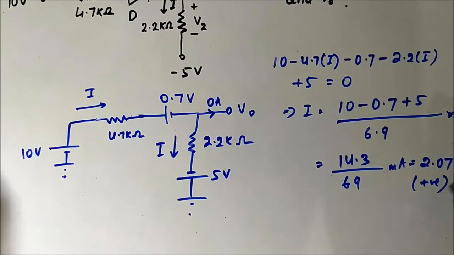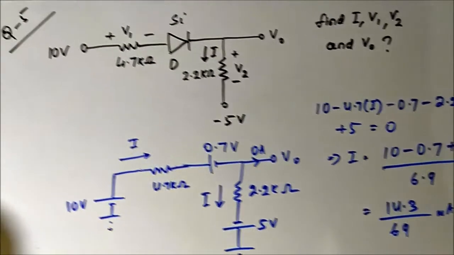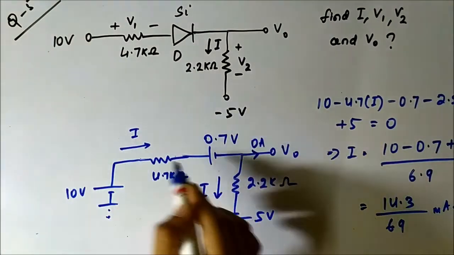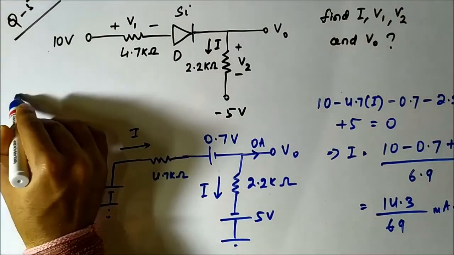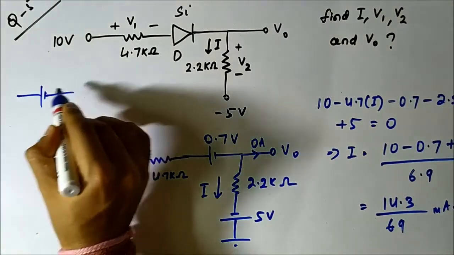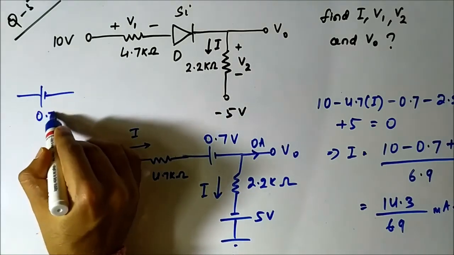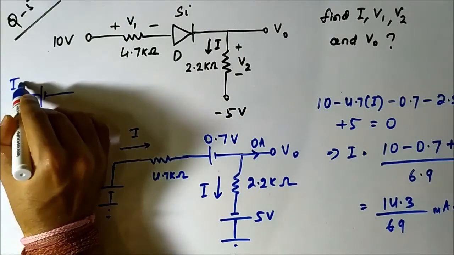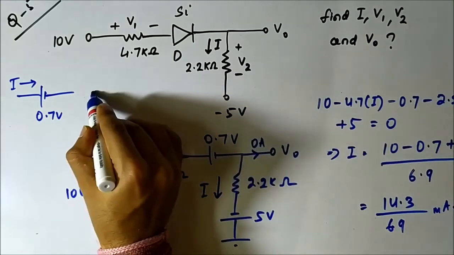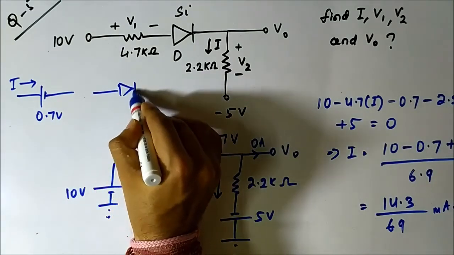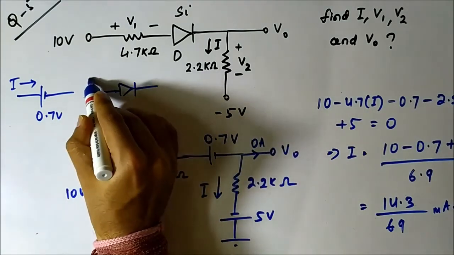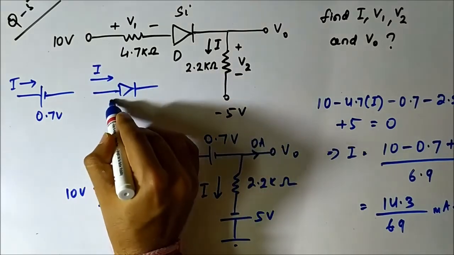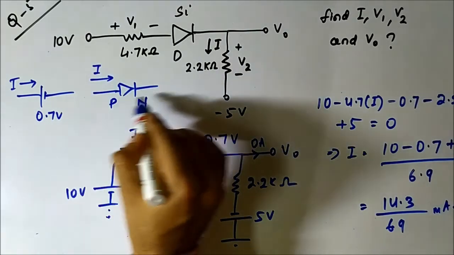Plus 2.07 milliampere. It means our assumption here is correct: the current is flowing from P end to N end, 0.7 volt. This current is flowing from P to N through the diode.